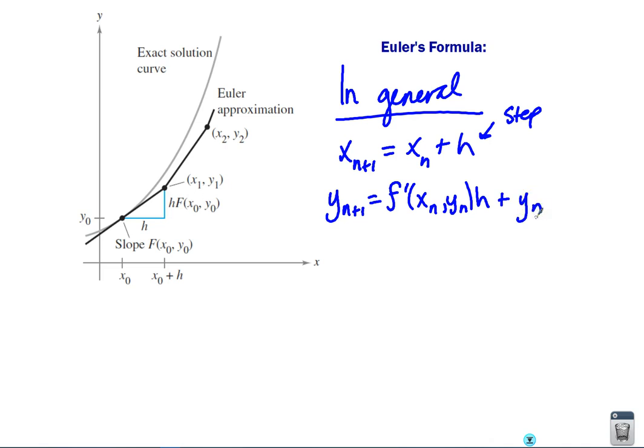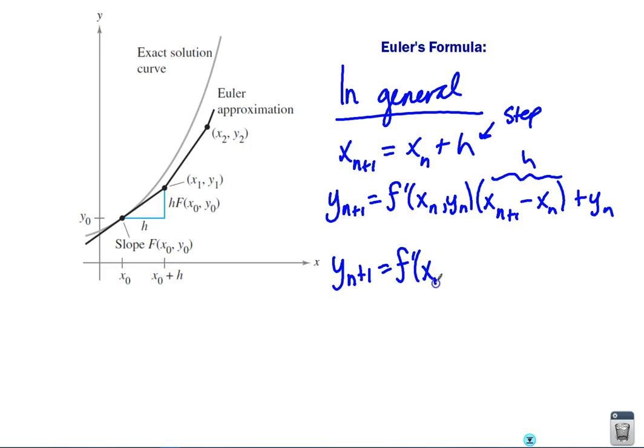I feel like maybe that's a little bit confusing, so let me try this one more time. A minute ago we did this as x n plus 1 minus x n plus y n. So this guy right here is h. So y n plus 1 is equal to the slope times h, your step, plus your previous y value.